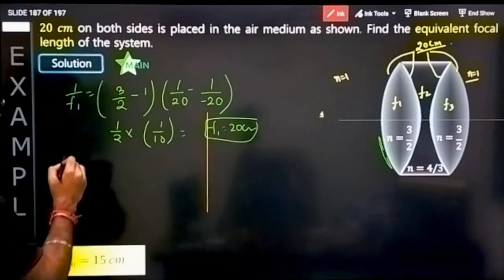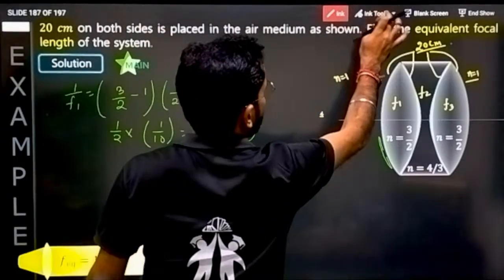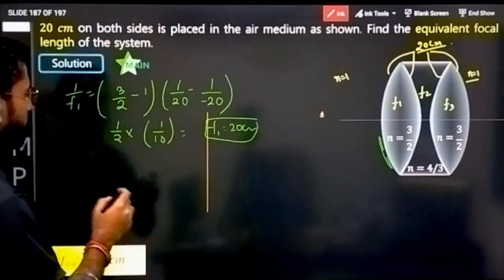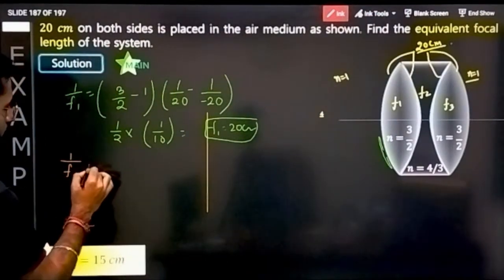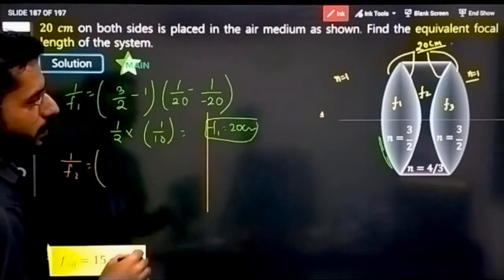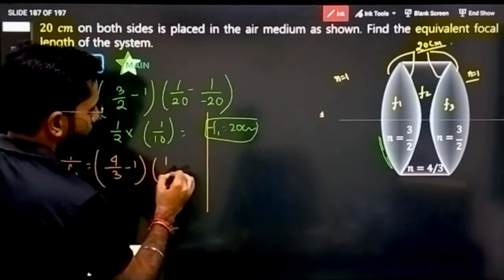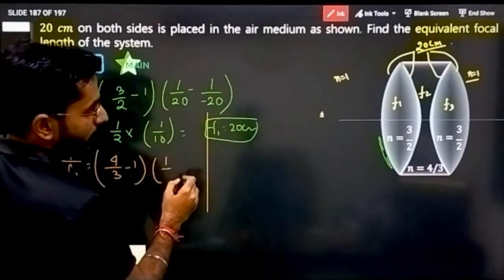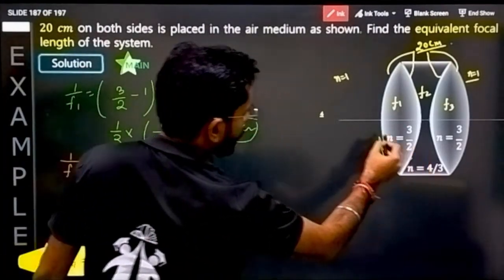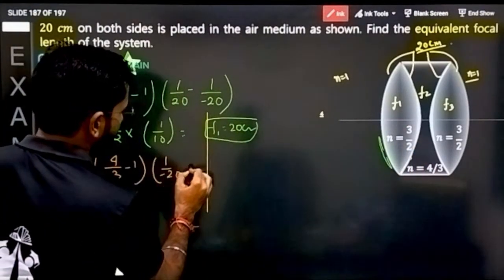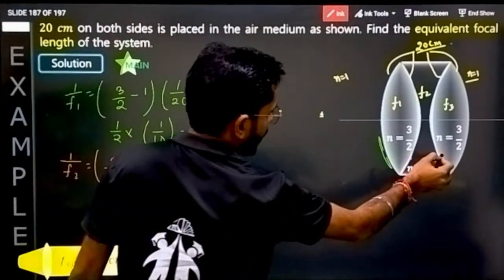Correct. Now let's calculate what f2 is coming. 1 by f2, how will I write it? n of lens is equal to 4 by 3, minus 1 by r1. R1 is again taken as negative, because now it behaves like surface 1. It will again be negative, minus of the second one, which is taken as positive.